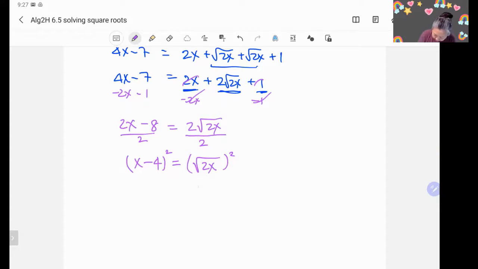Now I get 2x out. Then again, I have a binomial squared. So now let's apply the pattern that we saw earlier, right? This is for sure the square of the first term, what? x squared.